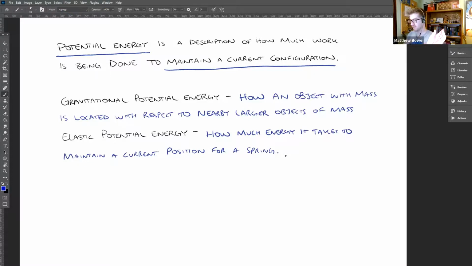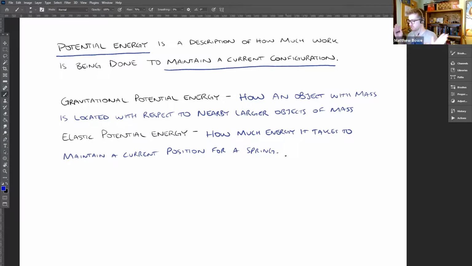There's no kinetic energy, but I'm still maintaining this configuration. So there is some elastic potential energy stored in the spring as I compress it or as I'm stretching it.